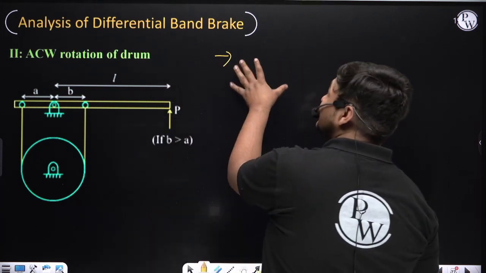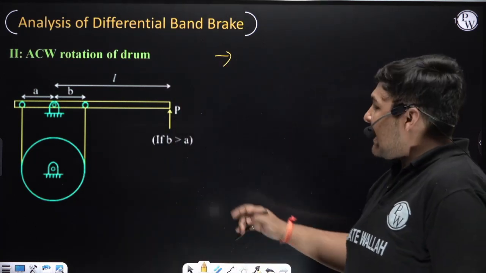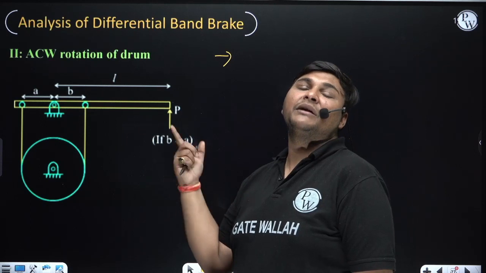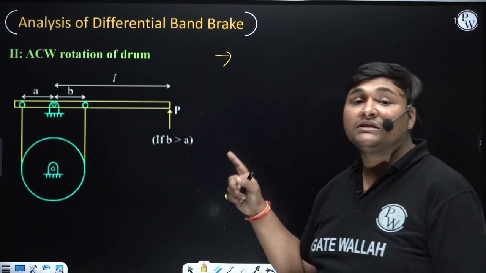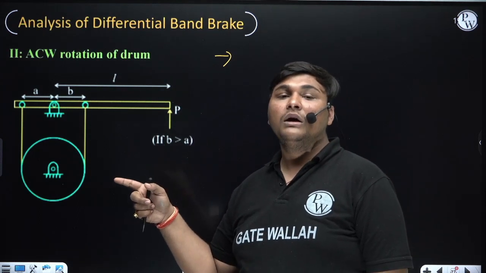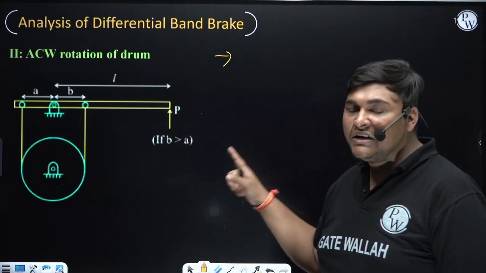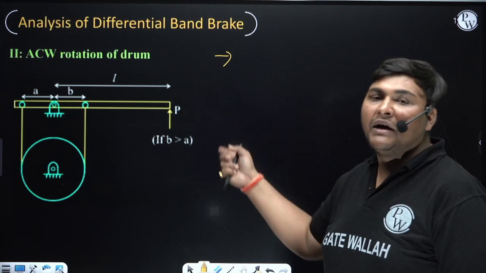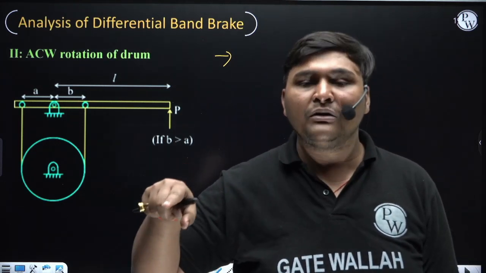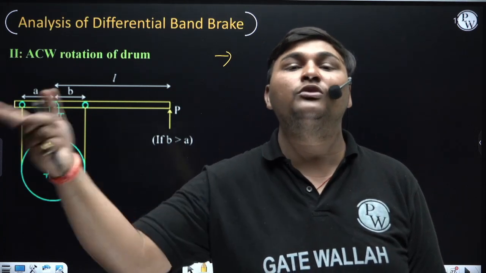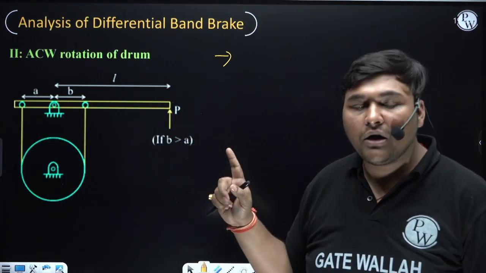Don't remember this conclusion, because right now B is greater, in some other case A can be greater than B. So it might be possible that in another case it will become self-energizing for clockwise rotation, but due to tension T1. So don't remember the conclusion.